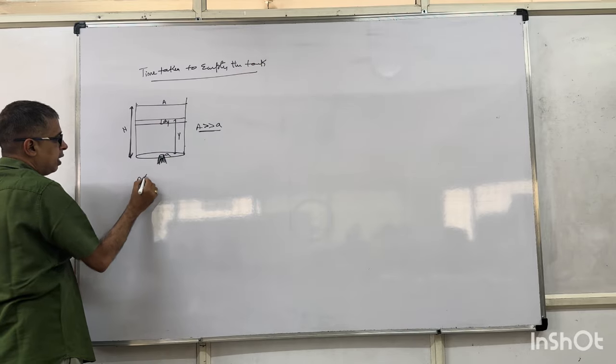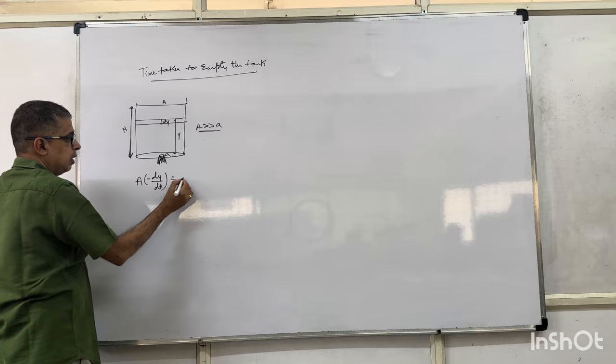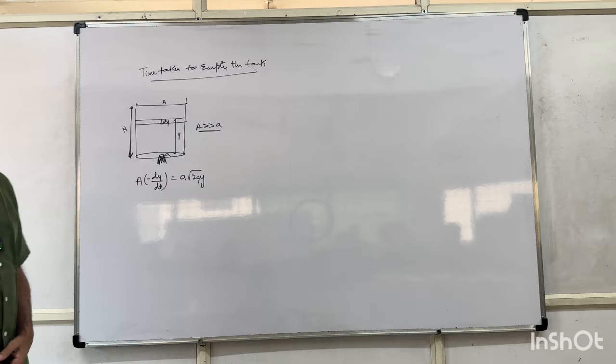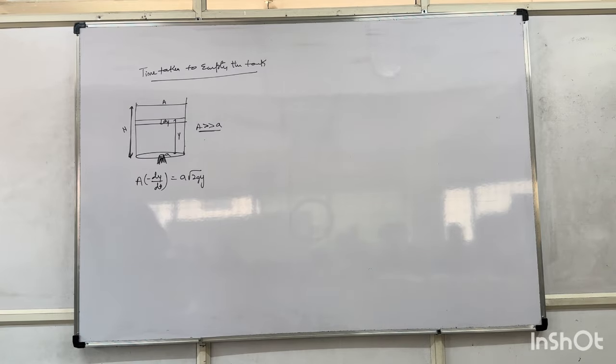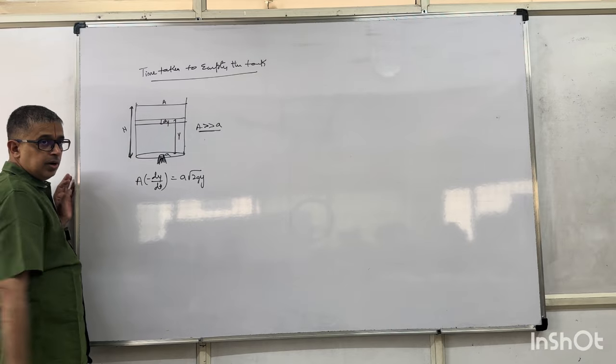Now, capital A into minus dy by dt, A1 V1, is small a into root over 2gy. I used A1 V1 equal to A2 V2. Who gave you the permission? That is always applicable when the density remains constant. Density is constant, right? So A1 V1 equal to A2 V2.